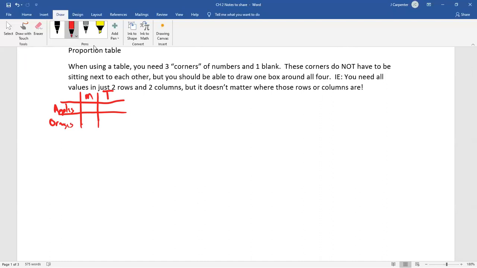So I got a table, and on Monday and Tuesday, we know, let's go with that 2 and 3. We sold 2 apples on Monday and 3 oranges on Tuesday.